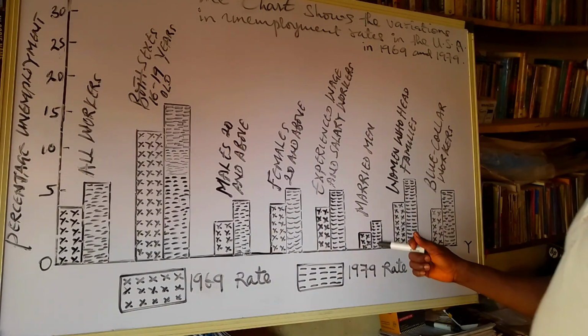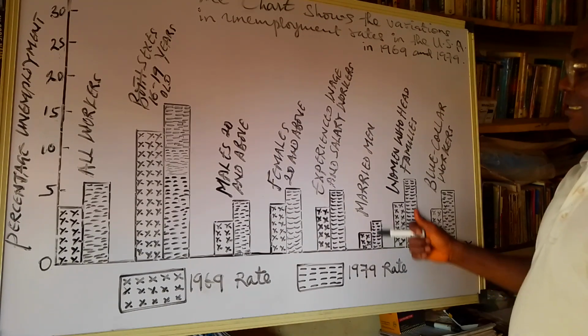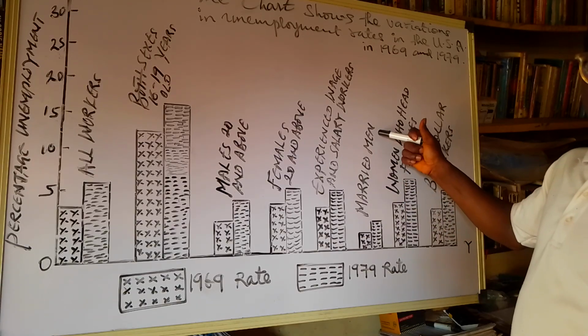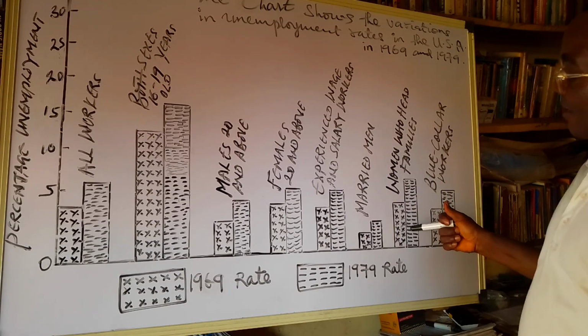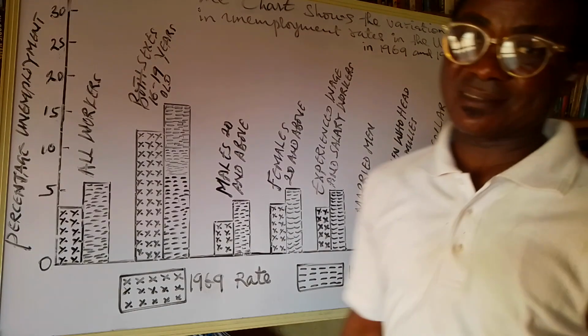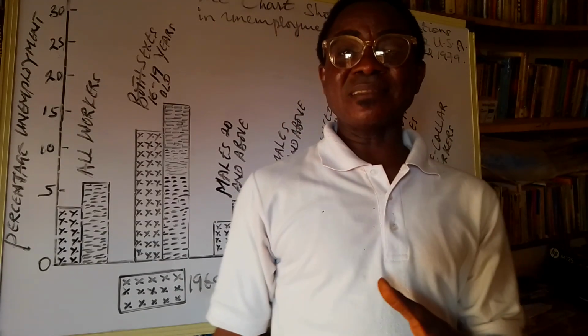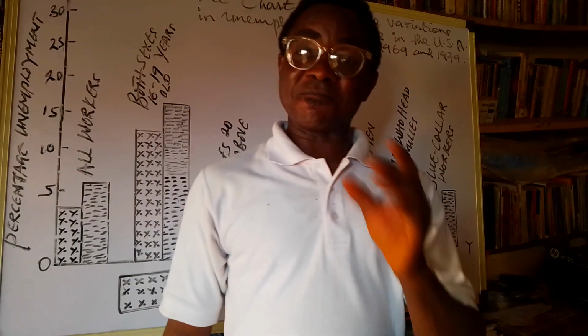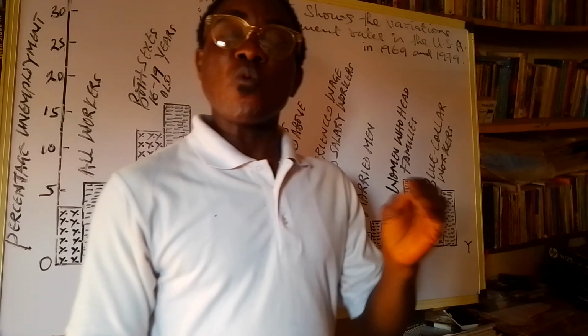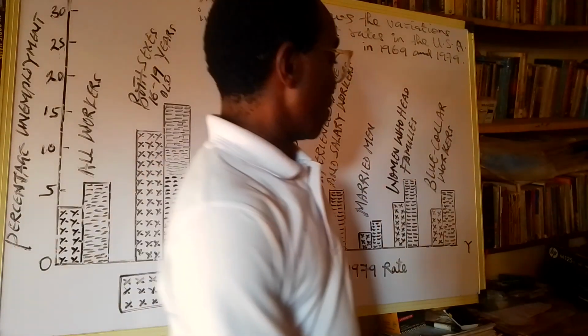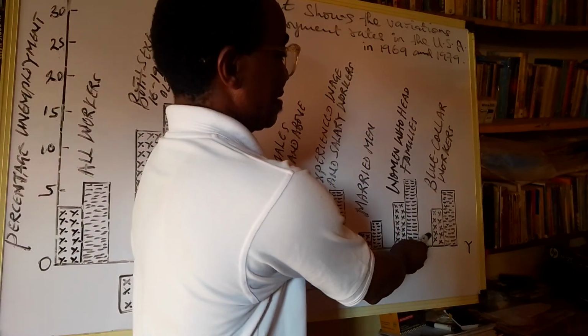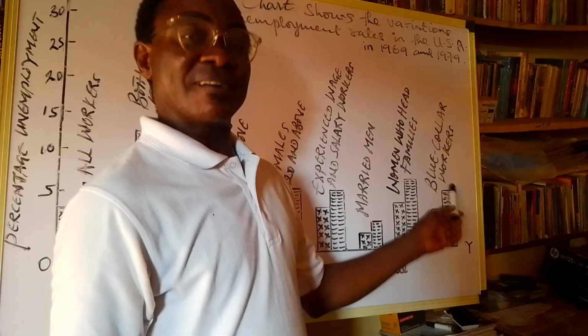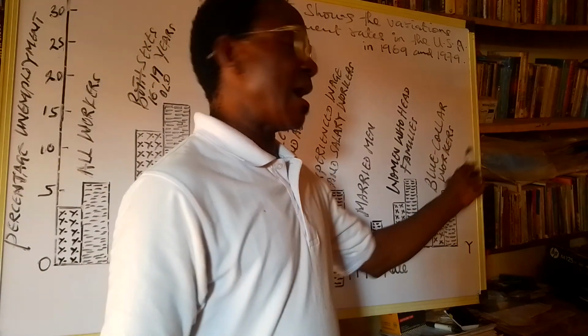The sixth bar stands for married men. The seventh bar stands for women who head families, the unemployment values for women who were heads of families. While the last bar, the eighth bar, represents blue-collar workers.